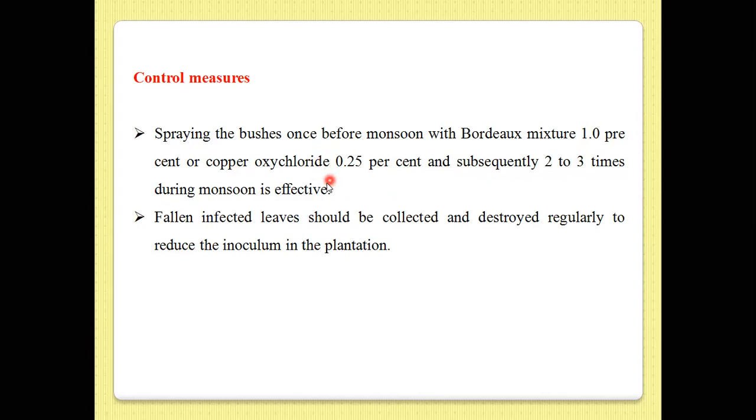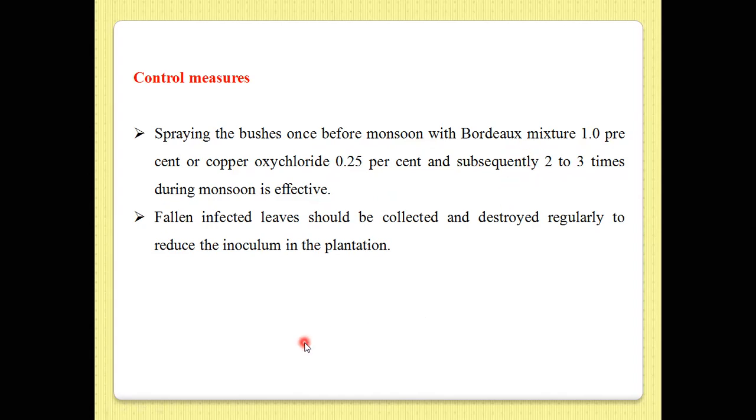So spray the fungicides on the bushes of these coffee trees once before the monsoon. Before the start of the monsoon, one spray is necessary to avoid this disease in coffee.